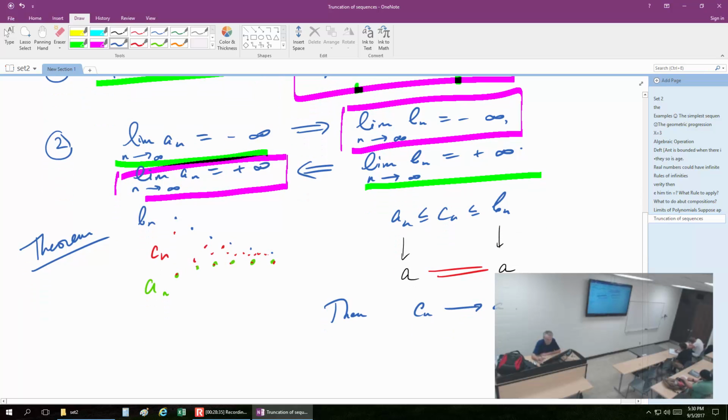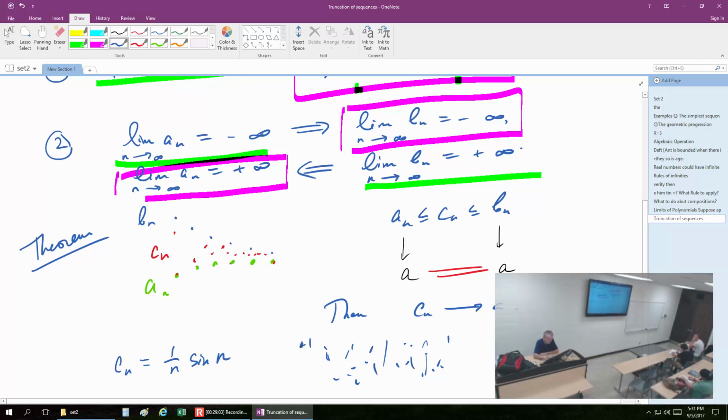The standard example to illustrate why this matters: you can choose Cn equal to 1 over n sine n. If you remember what the sequence sine n looks like, it's a random kind of sequence, running around in an almost random manner between -1 and 1.